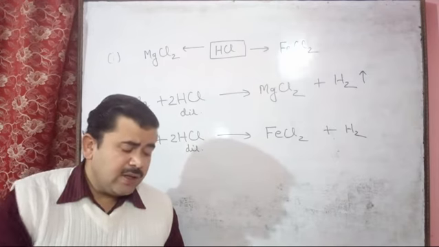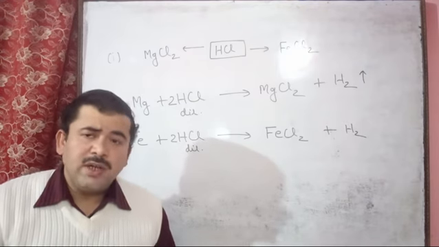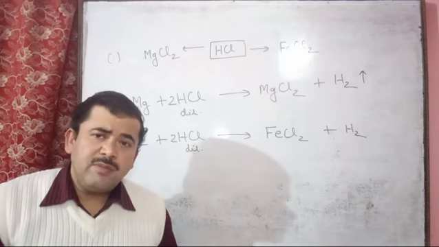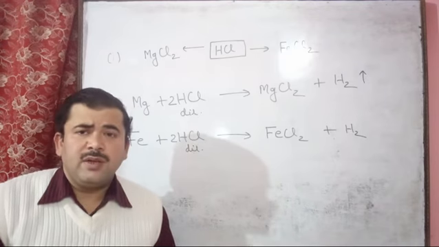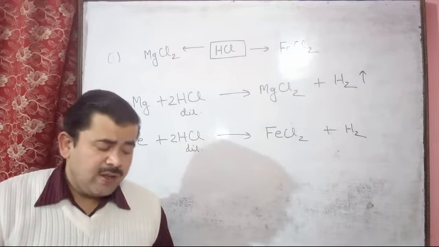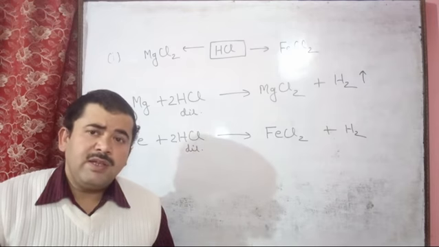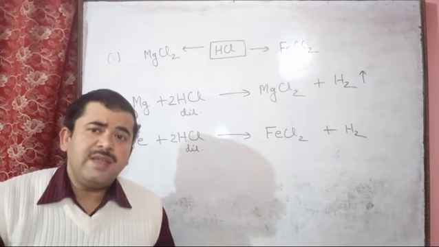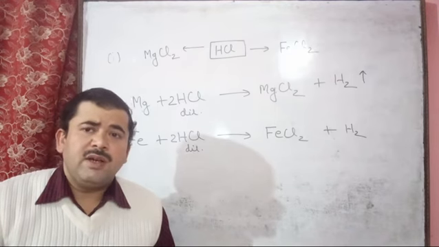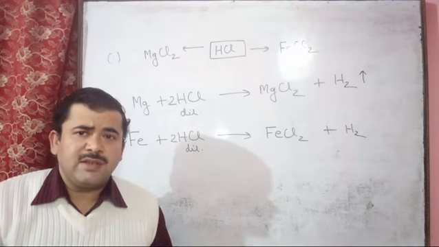And the second: granulated zinc is preferred to metallic zinc in the preparation of hydrogen using dilute acid. Granulated zinc has some impurities present, and these impurities enhance the chemical reaction. These impurities act as a catalyst, meaning they catalyze the chemical reaction.